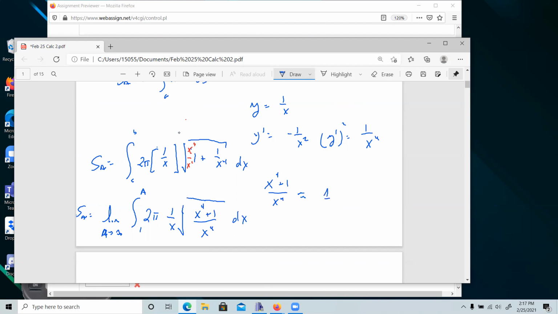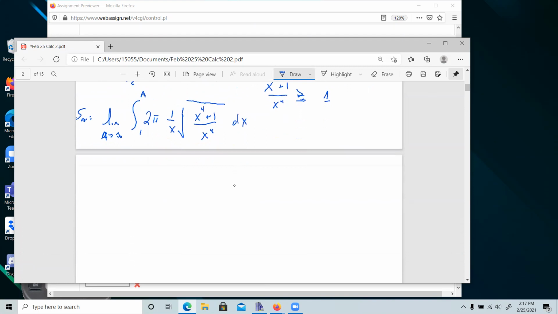It's actually a little bit bigger than 1. So what we're going to do, because this is insane, is a trigonometric integral.